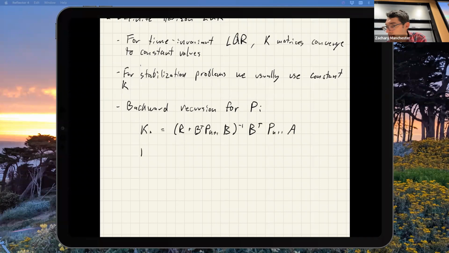We had this thing, and then we had this thing. And so the idea here is just to look at the recursion and say, in the steady state, this infinite horizon limit, what that really means in terms of the recursion is that P_k equals P_{k+1}. It reaches a steady state, and K_k equals K_{k+1}. It stops changing. So those things are equal.